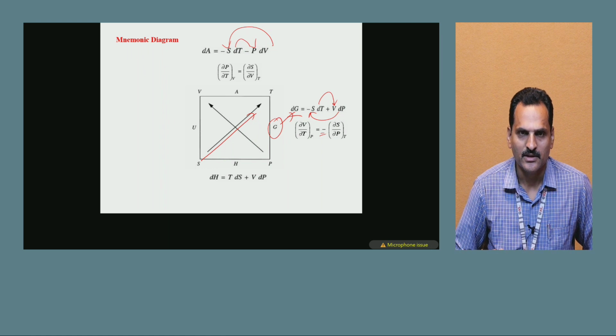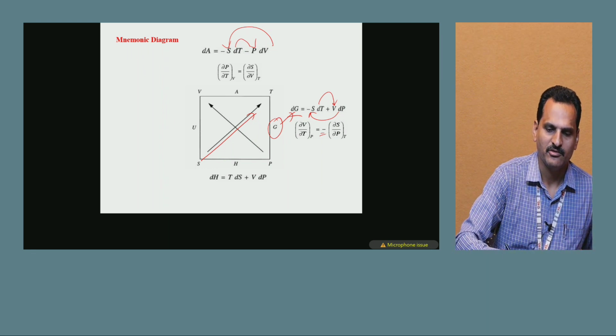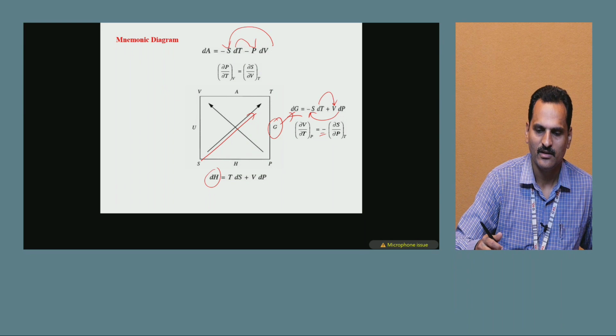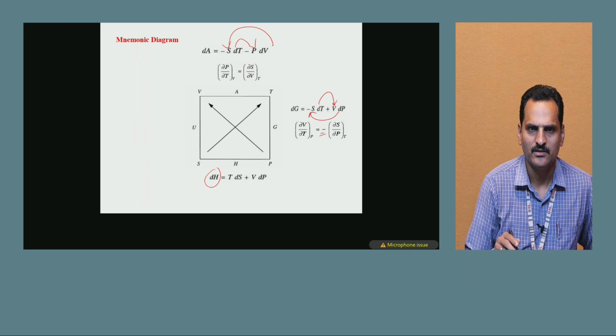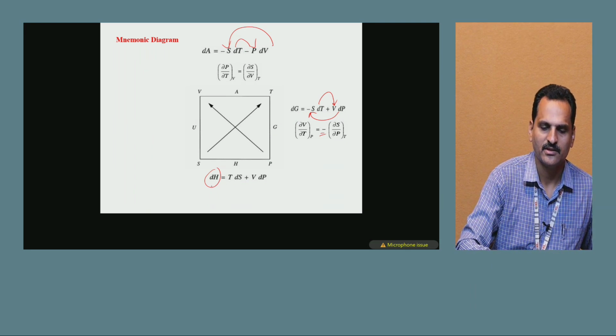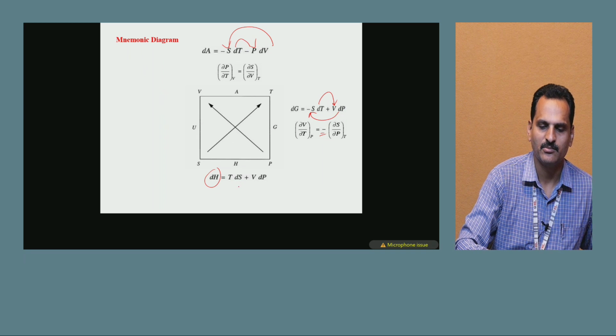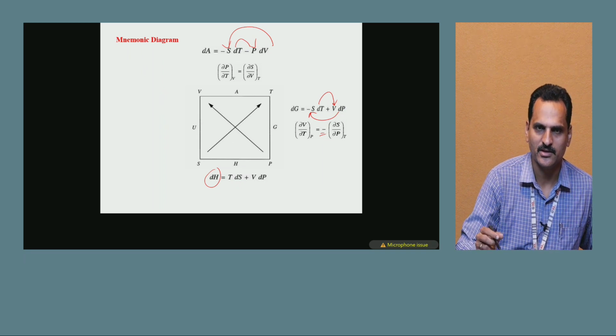Now the enthalpy fundamental property equation. Let's see how to apply the enthalpy property equation. This is what we derived in the previous session, the fundamental property equation, enthalpy in terms of temperature, entropy, volume and pressure.